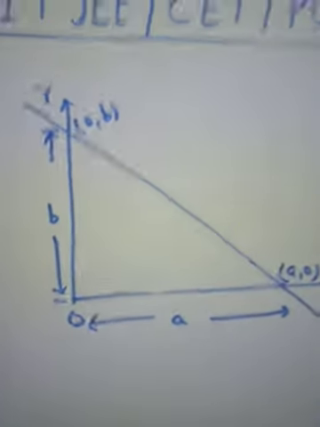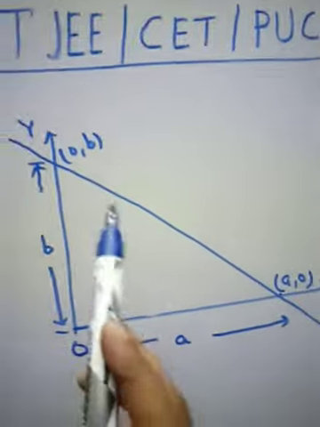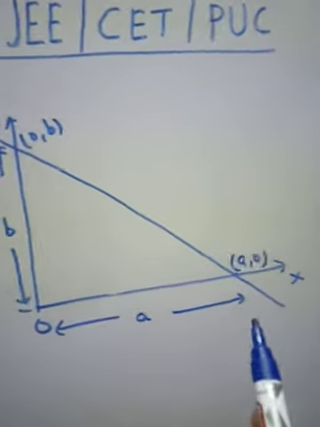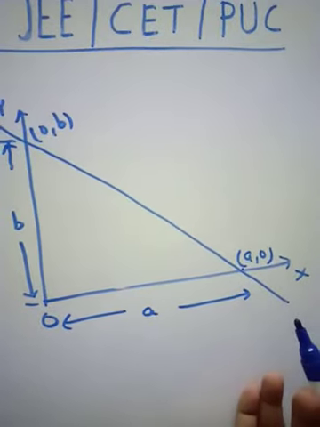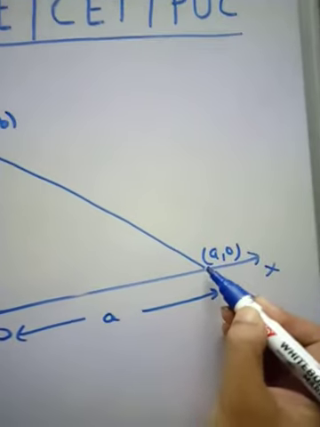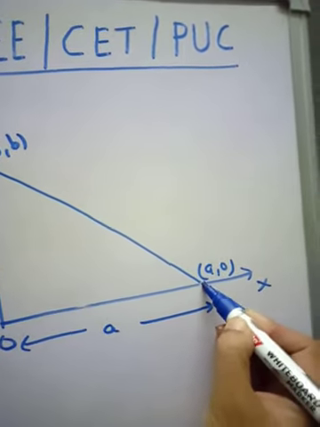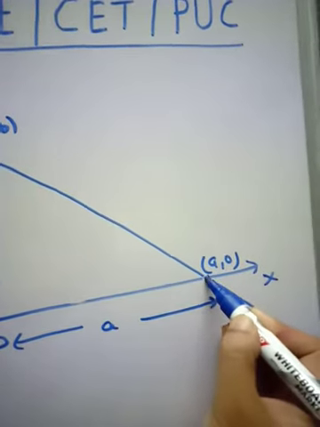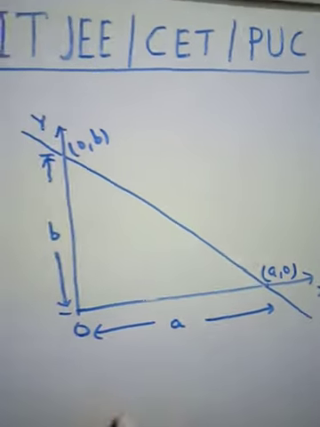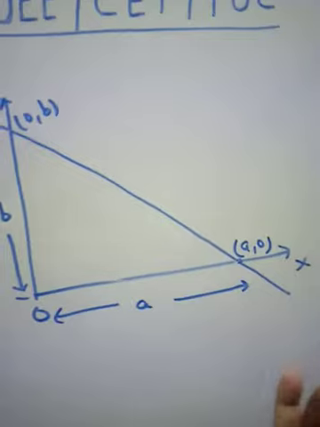So now we have to know what the intercept is. Intercept means: this is the line, a line which cuts the coordinate axes. Where the line cuts the coordinate axis, the distance of this point from the origin will be the intercept.